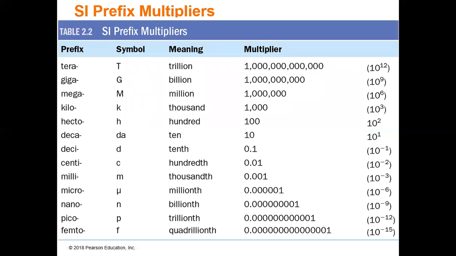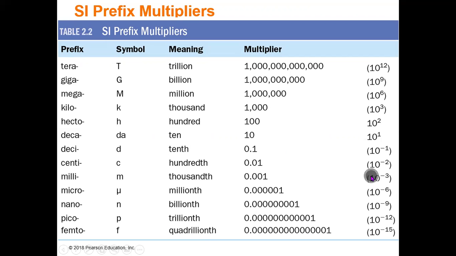And sometimes the number is very big or very small, so we conveniently use prefixes. So we commonly know those giga, mega, and then we also know some of the common ones like deci, centi, milli. Just get familiar with this table. So here are the prefixes, and here are the symbols. Most times we just use the symbol, and then the meaning, and then those numerical equivalents.